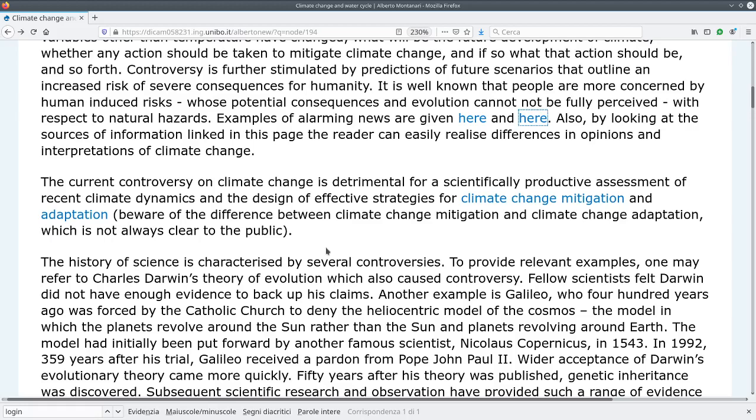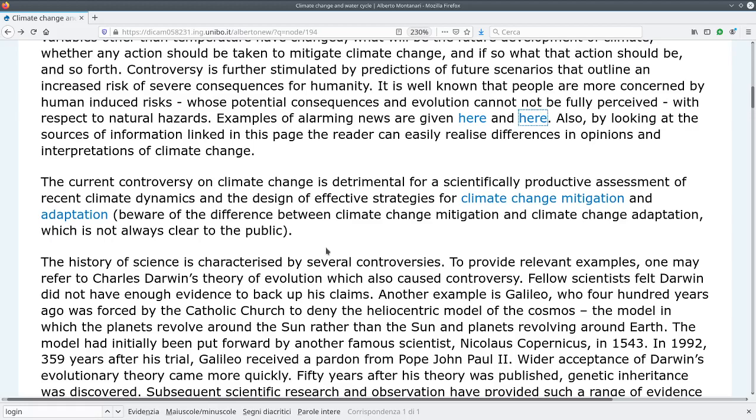Adaptation is where engineers come in, but mitigation is not for engineers. Mitigation is only marginally for engineers. It's for climate scientists, who have to study the climate system and determine the amount of reduction of CO2 that we have to attain. And of course, then you can call engineers into play to design carbon capture, for instance, or to design industries with low impact.